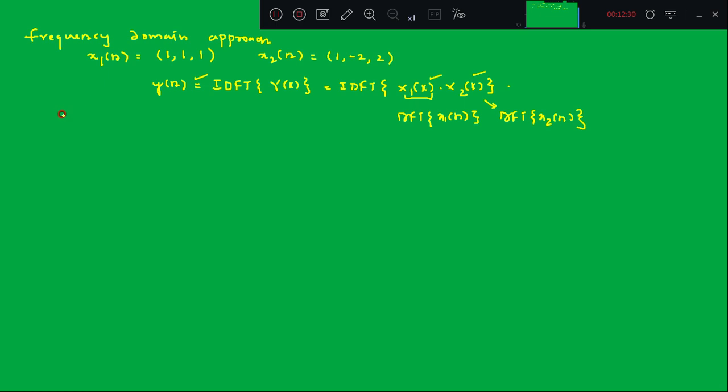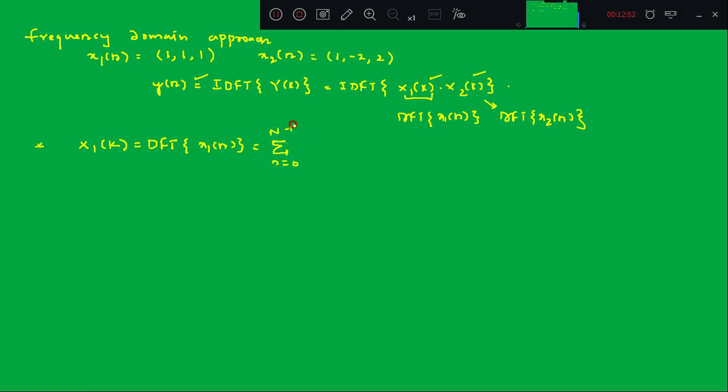Frequency domain approach. How to start? So here I will first find X1 of k, which is the DFT of x1 of n. Using the DFT definition, I will write n is equal to 0 to N minus 1.